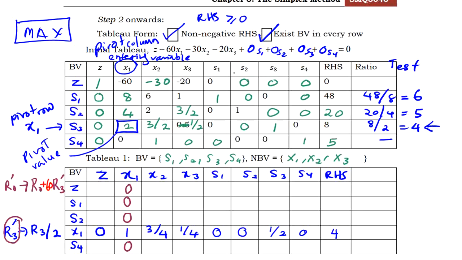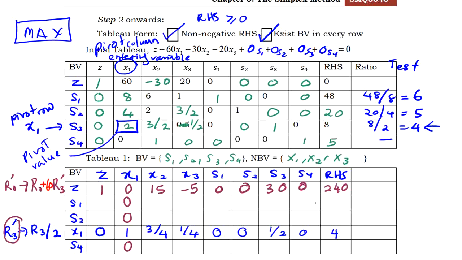Okay, therefore, by using this formula, for row 0 or row Z, we will get 1, 0, 15, negative 5, 0, 0, 30, 0 and 240.